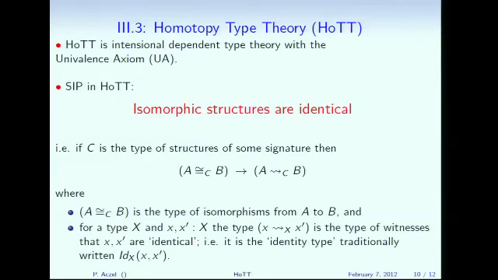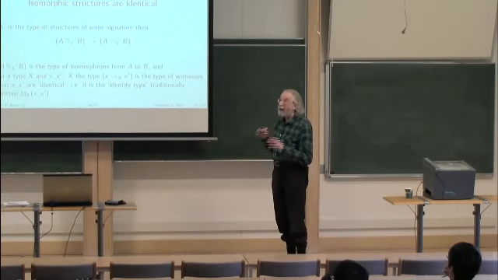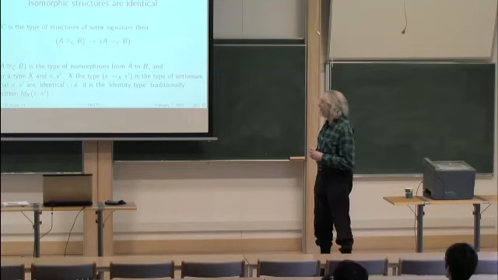If C is the type of structures of some signature, then if A and B are isomorphic structures, then A is identical to B. And I've used this funny notation because the notion of identity that we have in type theory turns out, in homotopy type theory, to play the role of the type of paths from A to B. In general, if we have a type X and two elements X and X prime of the type, then we can form this type, which in traditional type theory you would write as the identity type for X and X prime.